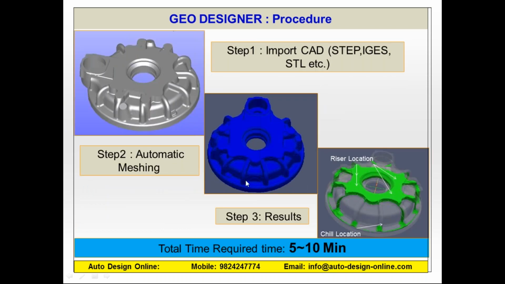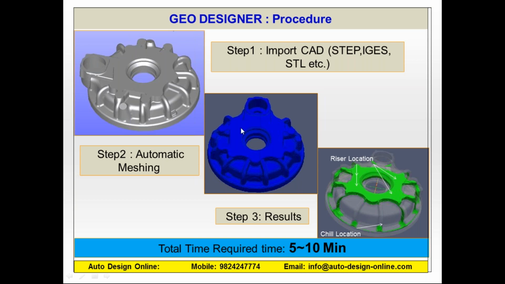Now let's take this casting part inside the software, where you can see this casting part is here. Once we import this casting part, we will do the meshing of it. This is completely automatic meshing. We will not require any expertise or know-how whatsoever on the CAE or FEM side.